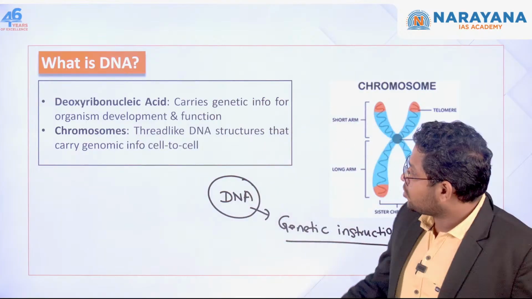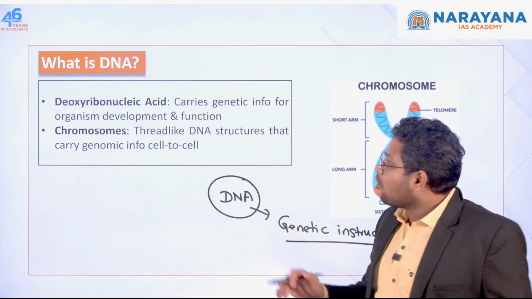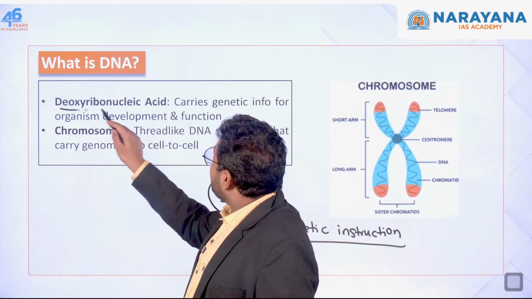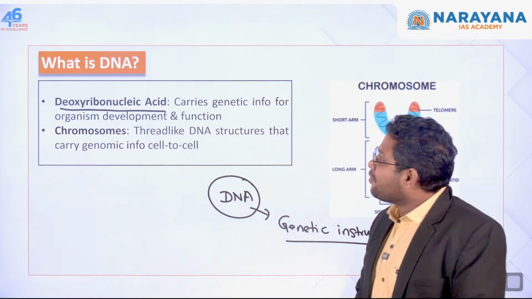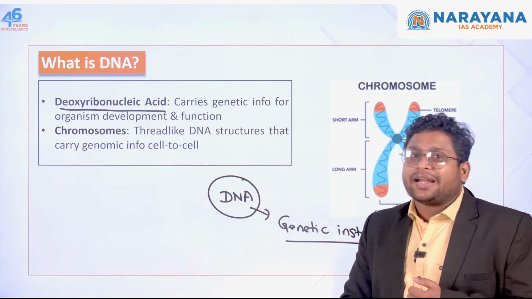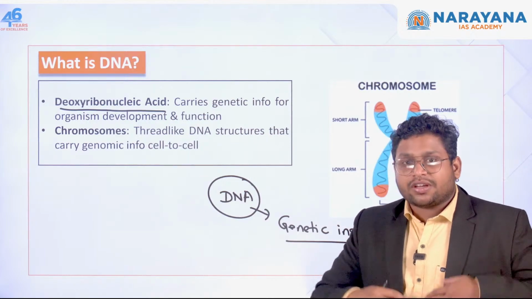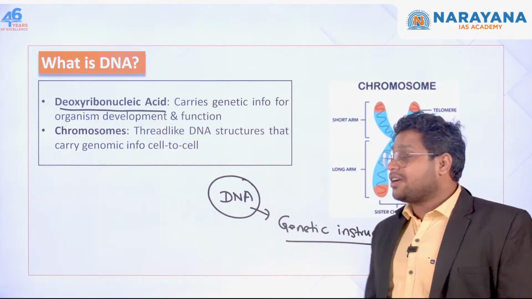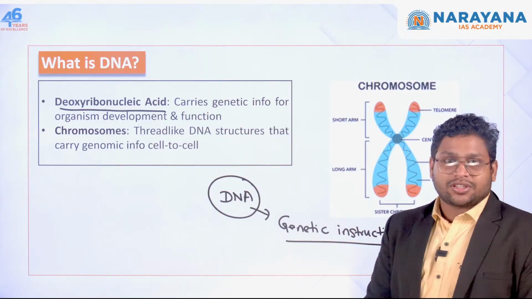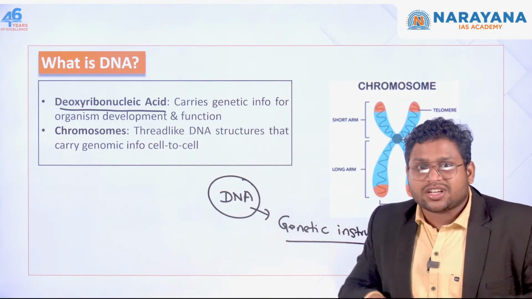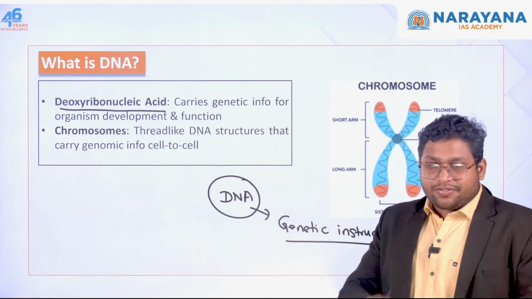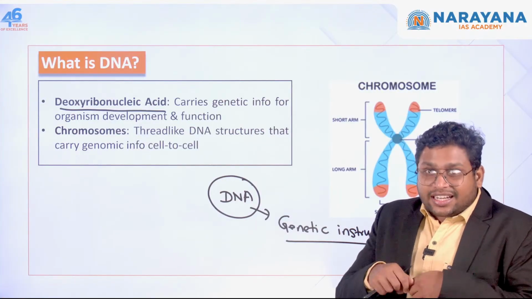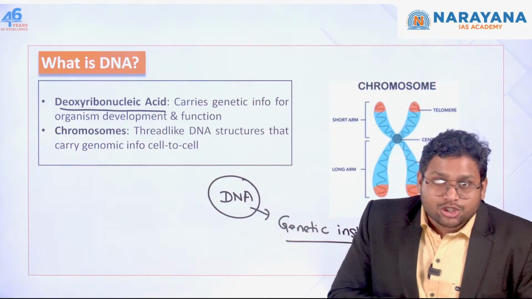So DNA becomes important. The long form is deoxyribonucleic acid. It carries genetic information for organism development and function. Whatever we have developed into this organism, all that development was because of this genetic information. Whatever functions take place in our body, if we got a cut over here, that cut gets healed and the blood gets clotted.